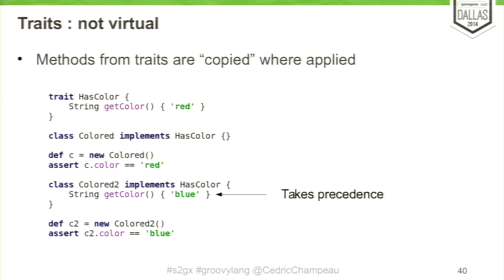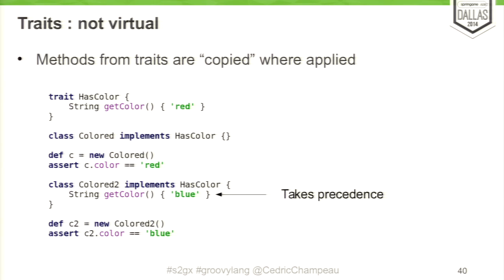Okay, so I should hurry up because I have a few more slides to show you. So I was saying that with traits in Groovy, the method dispatch is not very virtual. What does it mean, not very virtual? So far, it behaved exactly like the Java 8 default methods.